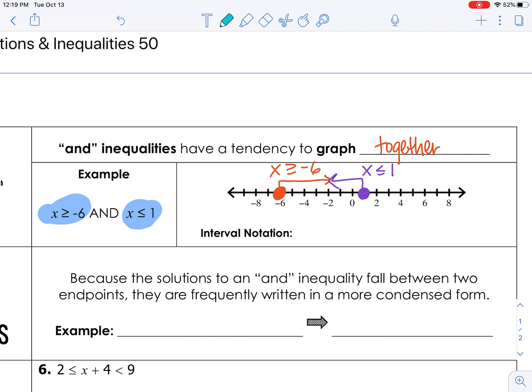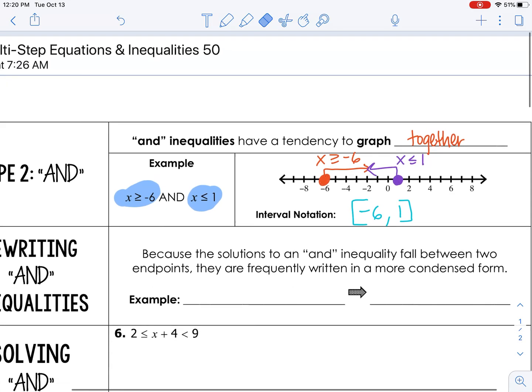Going from left to right, the first thing that we come to is -6, with a bracket because we have or equal to underneath our inequality symbol, comma. The last thing we come to is 1, again with a bracket. So our interval notation is square bracket -6, comma 1, square bracket. We don't use infinity because we did not draw arrows going to positive or negative infinity.